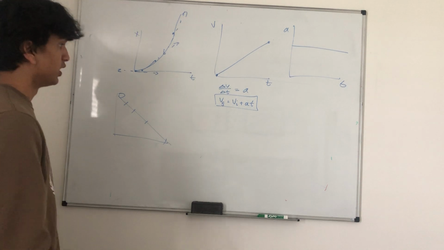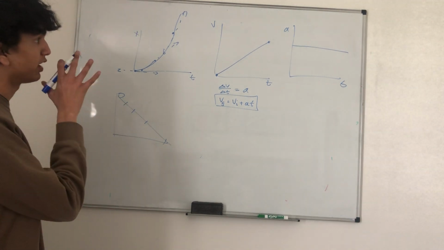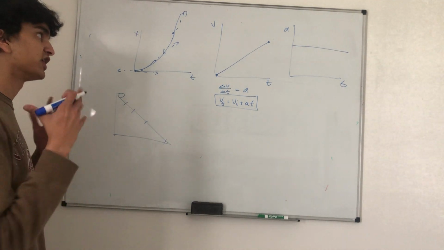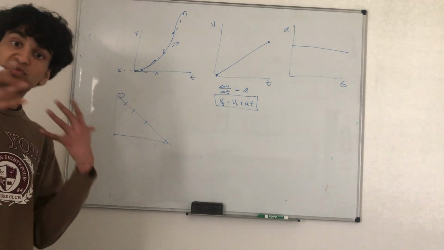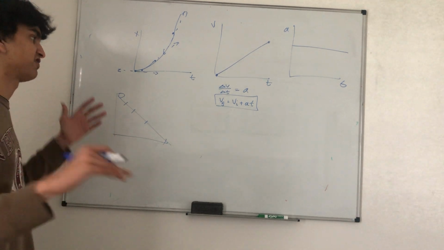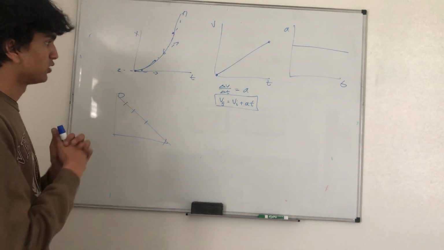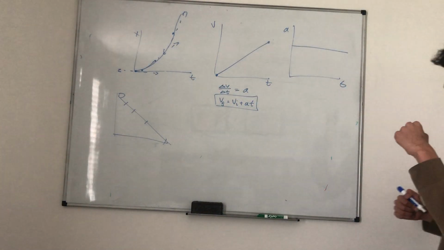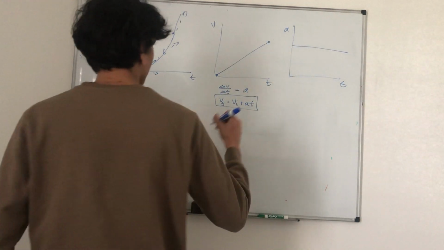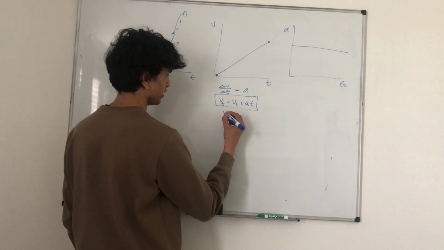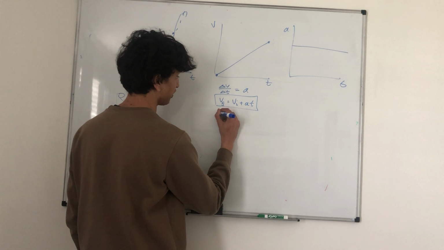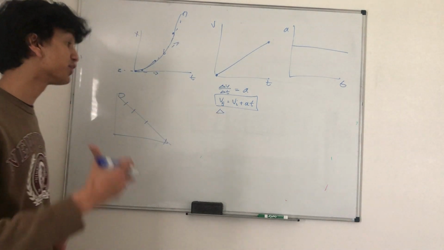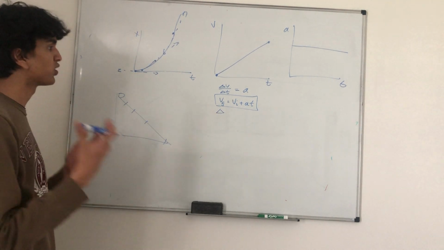Awesome. Some key things, and now I'm going to start getting into some math. We have this equation: v final equals v initial plus acceleration times time. Then we have the next equation, which I'm not going to get into where it comes from, but I highly encourage thinking about where it comes from.